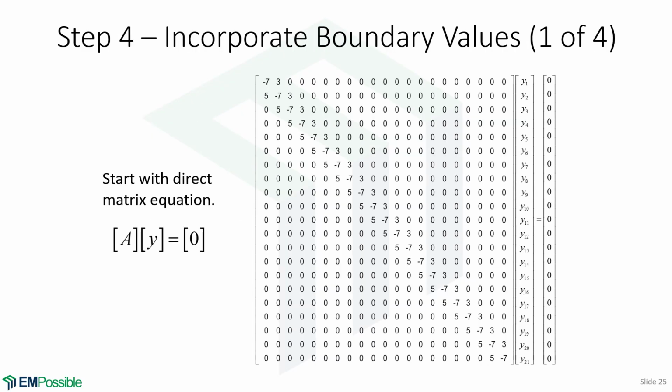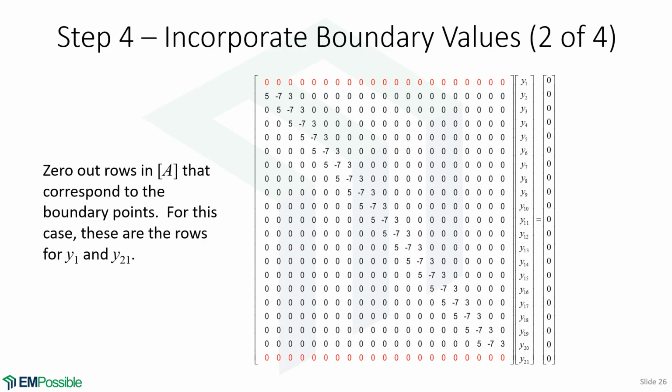So at this point, this is not solvable. We have all zeros over here, and we need to incorporate our boundary values. That requires us to do this in two steps, and it'll turn out doing this in MATLAB code is also very simple, like two lines of code. We're going to zero out the first and the last row, so we're throwing out that finite difference equation.